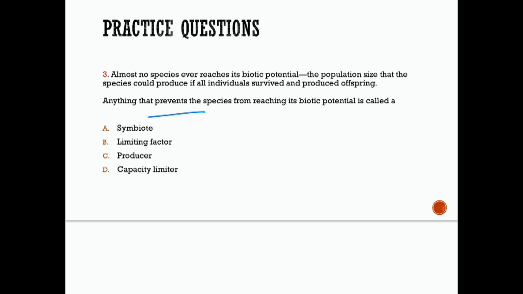What's going to limit this? All right, what are those factors? All right, so pause this and see if you can figure it out. So generally, the population size of a species in an ecosystem is kept in check by biotic and abiotic elements called limiting factors. So B for number 3.